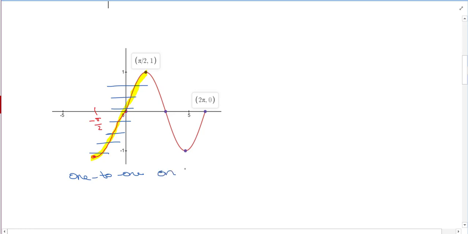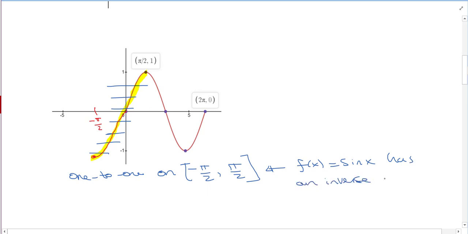So 1 to 1 on negative pi over 2 to positive pi over 2. So that means that f of x equals sine x has an inverse on that interval. And so notice that if you do sine inverse of any number, your answers are always between negative pi over 2 and pi over 2. That's because of the domain restriction for these functions.